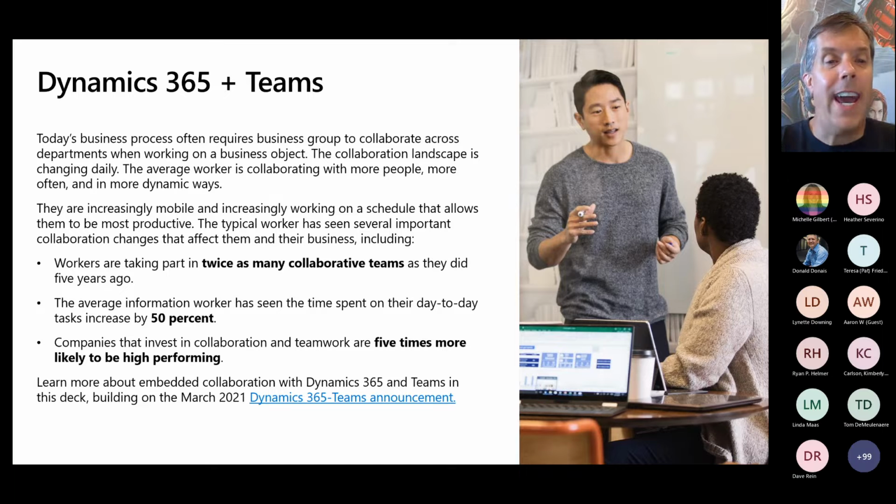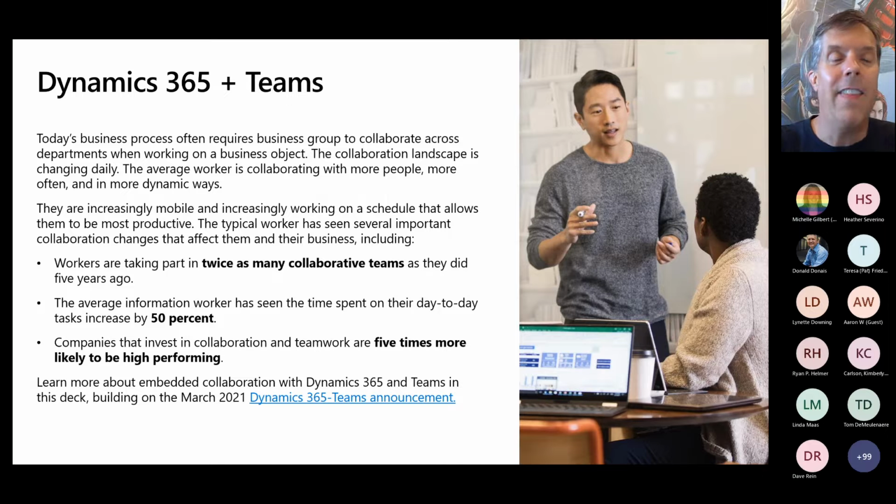We also have seen that the average information worker has seen their task list grow significantly in terms of what they have to get done. So the more task switching, especially from an app perspective, they have to do, the less efficient they are as they have to get more and more things done in more and more teams.